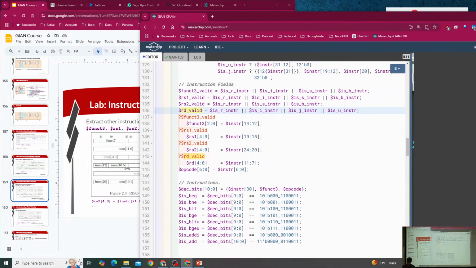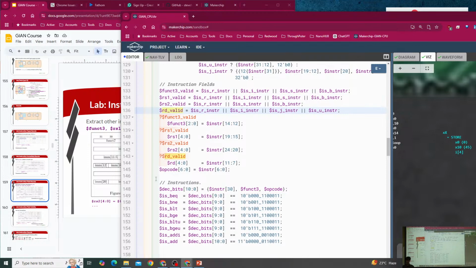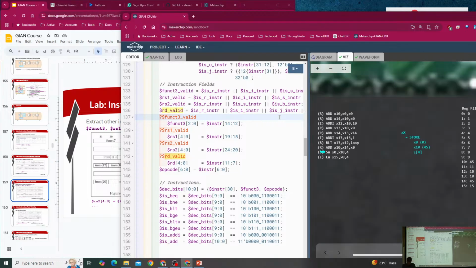And that's it, right? Does that look right? Okay, and that's going to be important for implementing jumps.